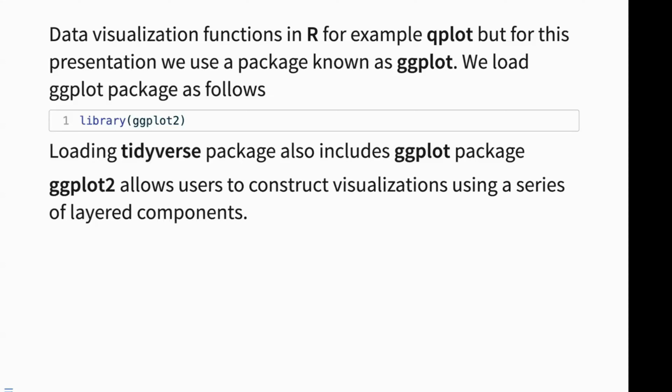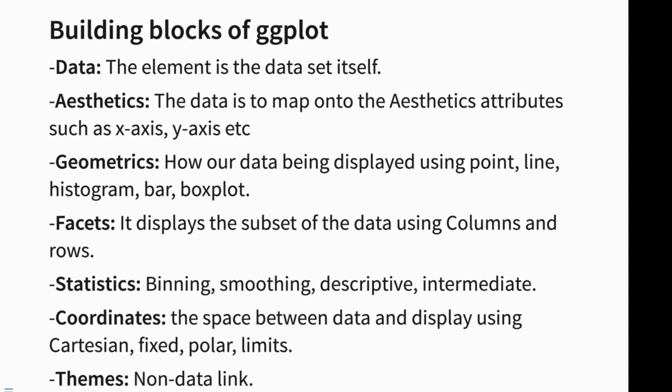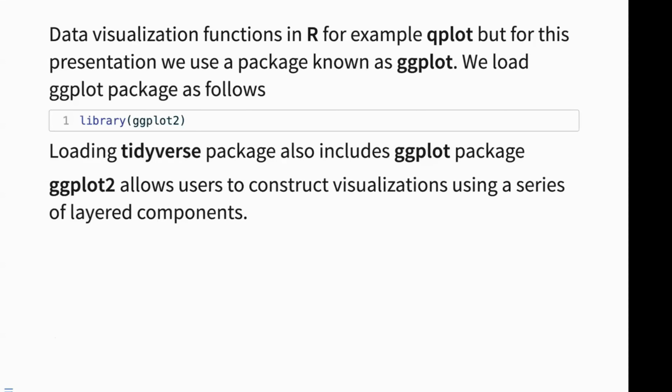And so I think it will be important, first of all, to understand the building blocks of a visualization using ggplot. As Ashna said, a ggplot is a layered visualization.